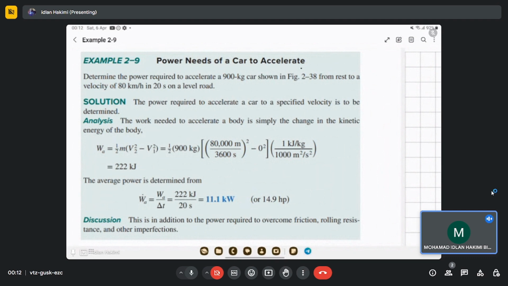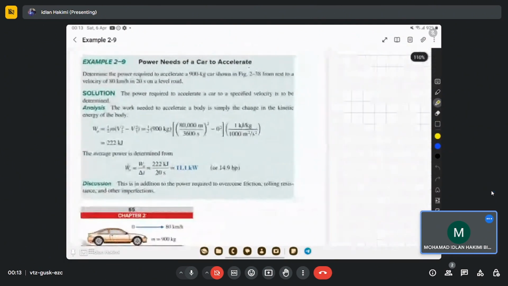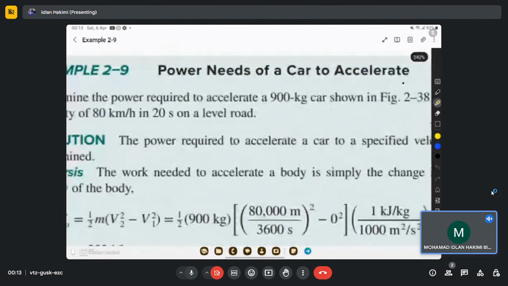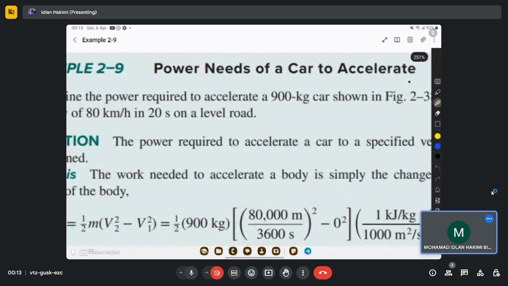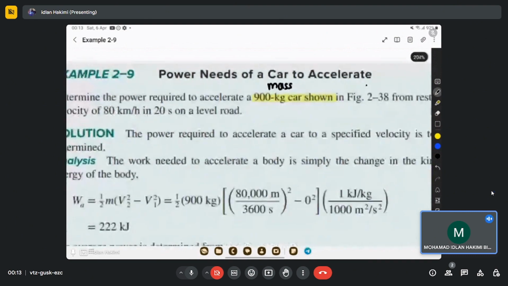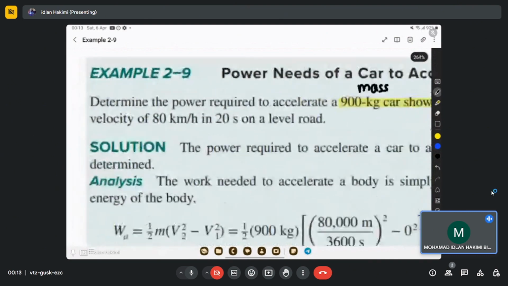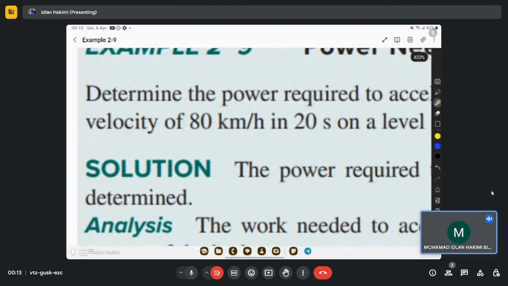Today I would like to explain Example 2.9, which is the power needed for a car to accelerate. The question says: determine the power required to accelerate the 900 kilogram car shown, which is its mass, from rest to a velocity of 18 kilometers per hour.